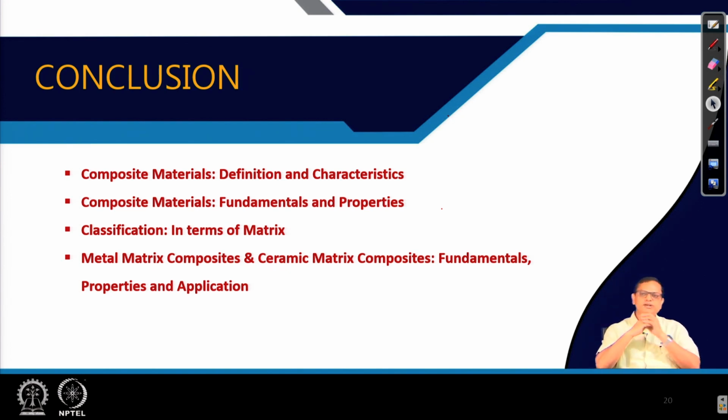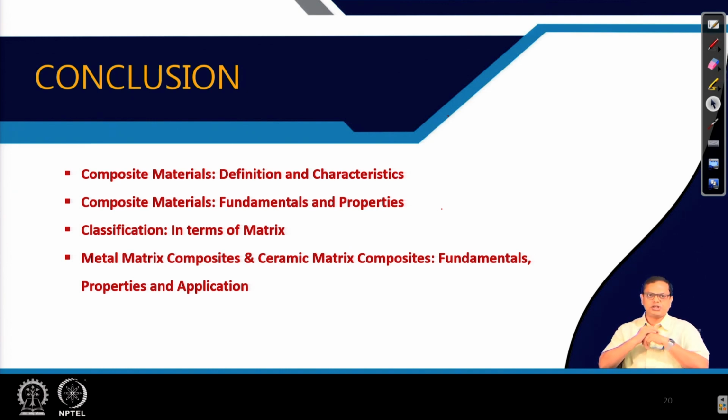Okay. We discussed their fundamentals and properties, and we discussed the classification of composite material in terms of matrix. We discussed that there are three kinds of composite materials if we try to divide them in terms of matrix. One is metal matrix, then we have ceramic matrix, and then ultimately we have polymer matrix composites.